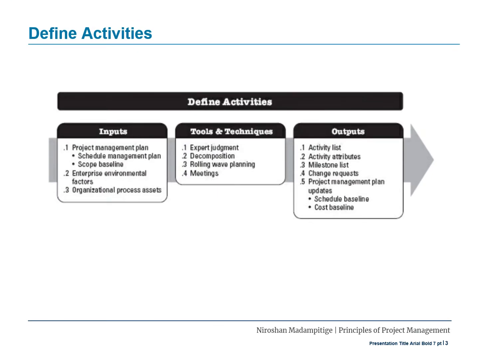Now let's have a look at the inputs, tools and techniques, and outputs of the Define Activities process. First, inputs: the project management plan. Project management plan components include but are not limited to the schedule management plan and the scope baseline.